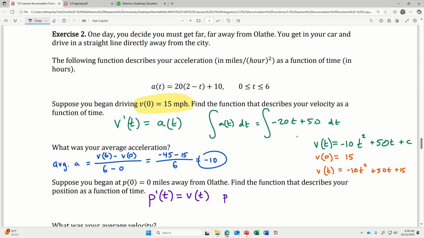So if I want position, I should take the antiderivative of velocity. So we are going to take the antiderivative of negative 10t squared plus 50t plus 15.